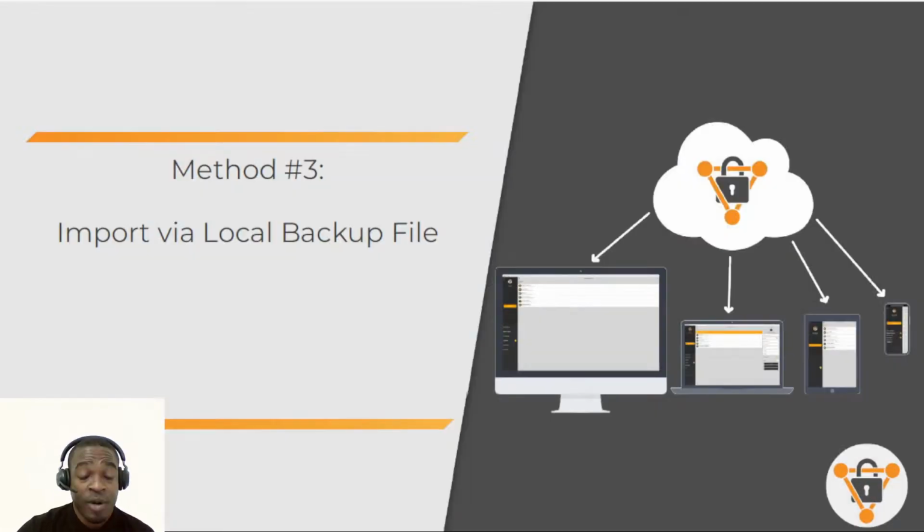Okay, so for our third method of regaining access to a space, import a space via a local backup file. We can just stick with this app and import the spaces from a local backup file.